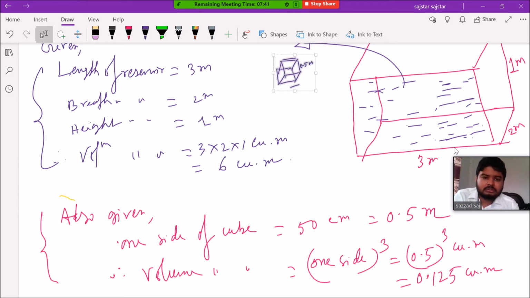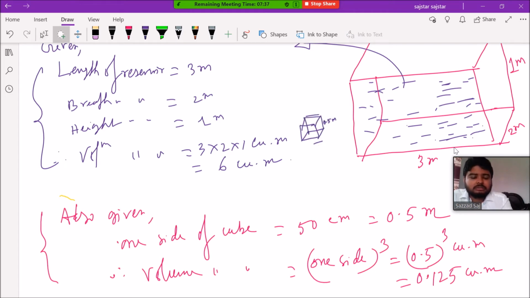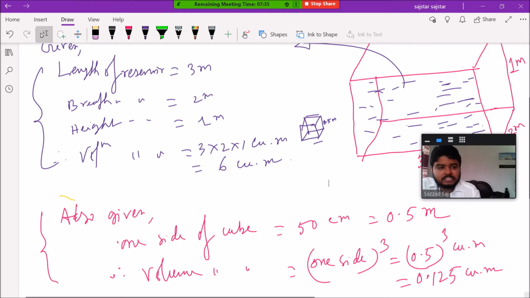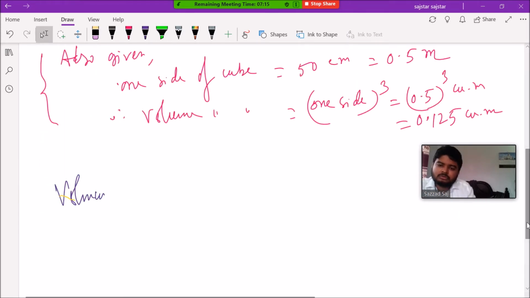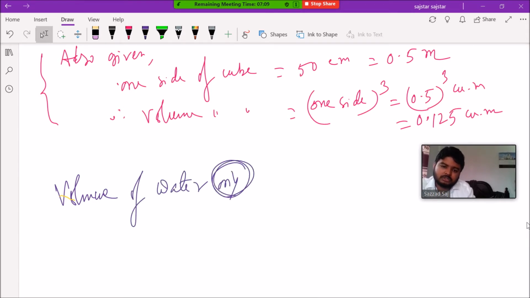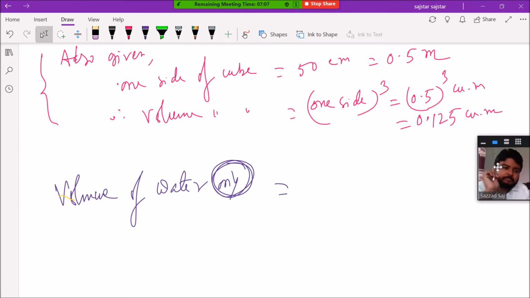So what can we say now in the third part, please everyone write down: volume of water only. What will it be? Volume of reservoir, that is 6, minus volume of cube, that is 0.125.